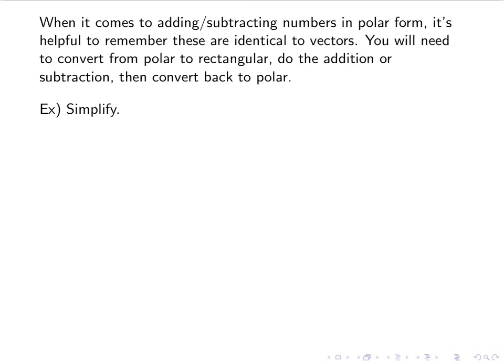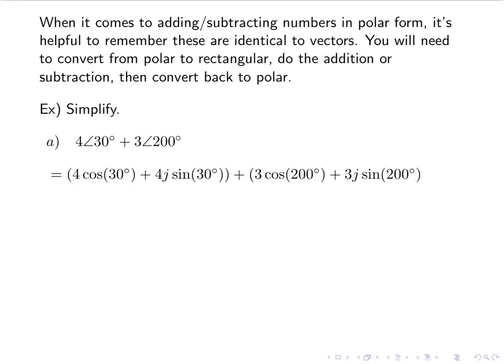So for our first one, we have 4 with an angle of 30 degrees plus 3 with an angle of 200 degrees. So we're going to convert them into rectangular form first. And that's really just going back to that other definition of polar, right? 4 with an angle of 30 is, by definition, 4 cosine of 30 degrees plus 4j sine of 30 degrees.